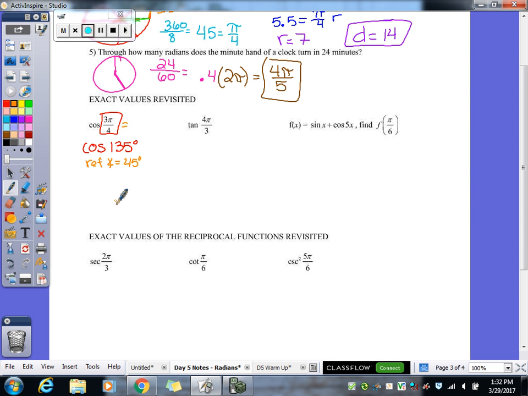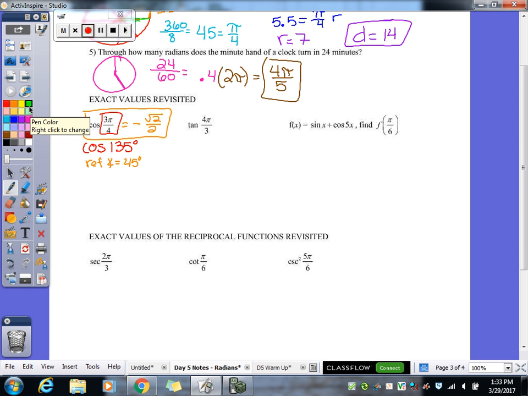So what's the cosine of 45? Look at your chart. Radical 2 over 2. So it's going to be a negative radical 2 over 2. Can't express enough, you've got to memorize those charts. Or the unit circle. Really, you get your pick. Unit circle or those charts. Those are your choices.